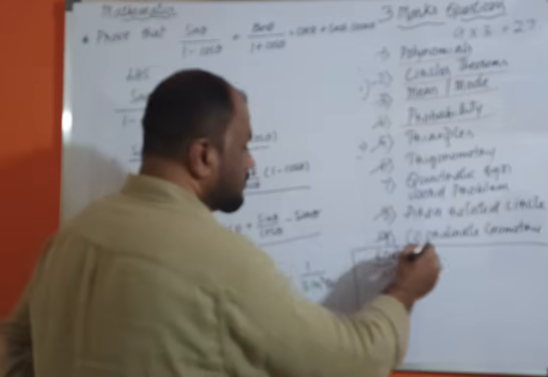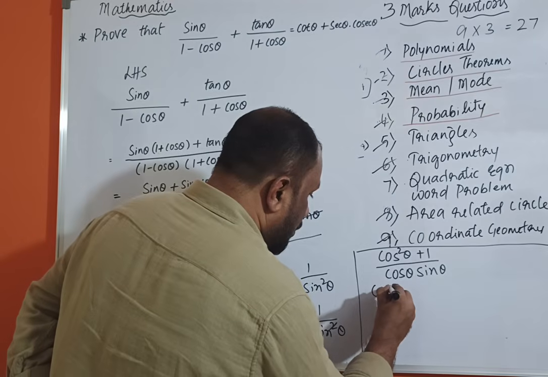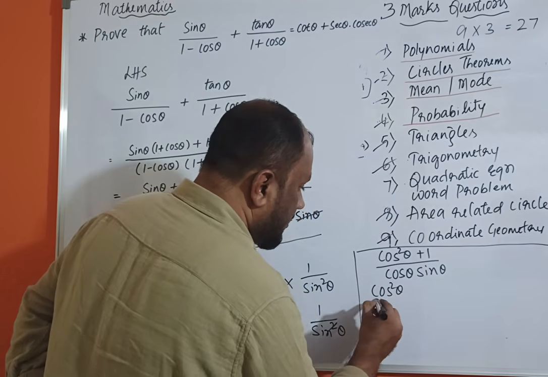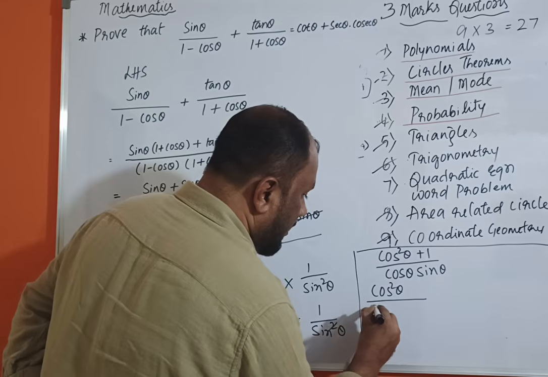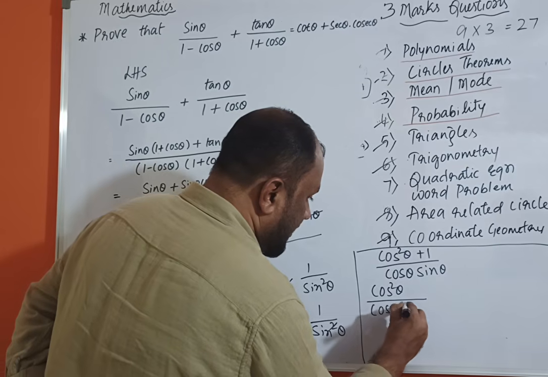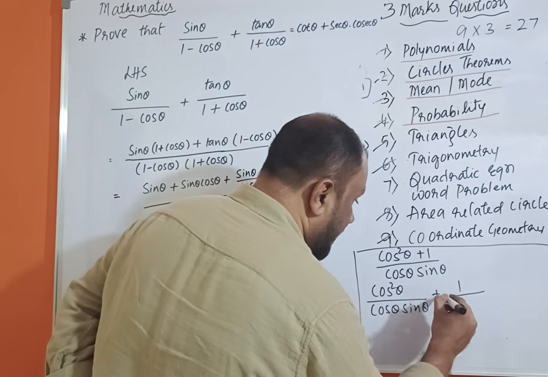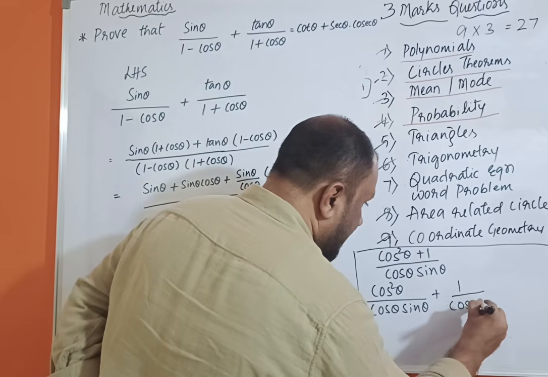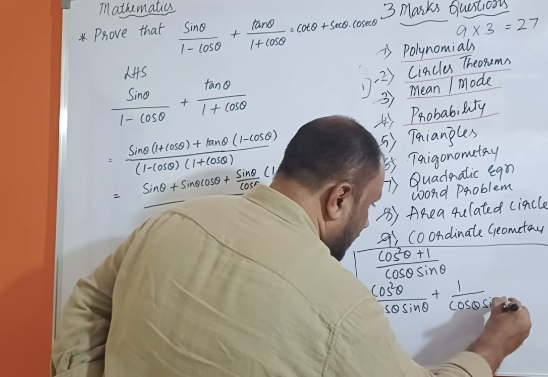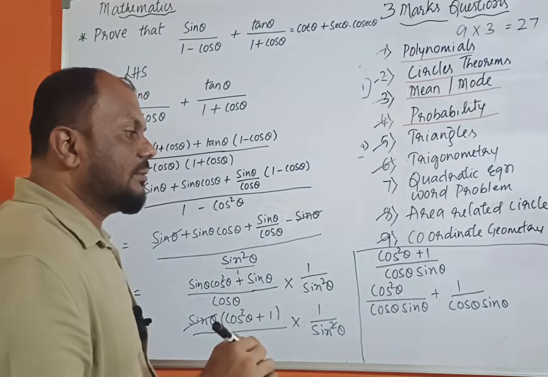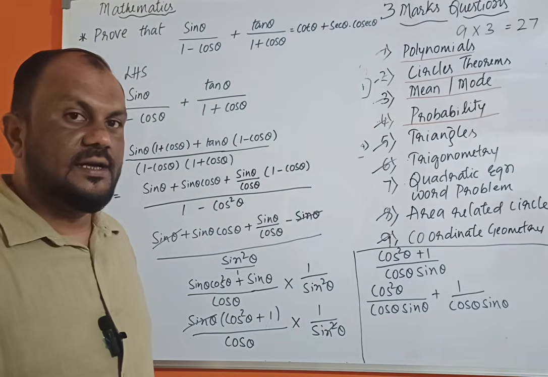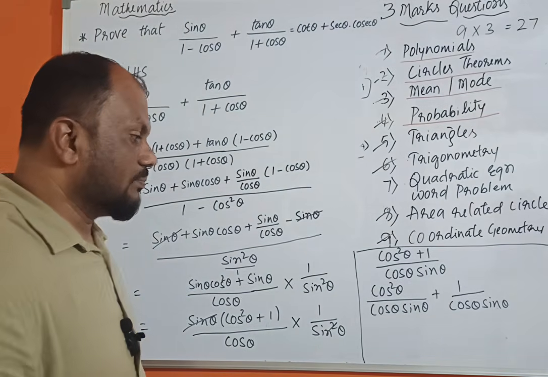Now cos square theta divided by cos theta into sin theta, plus 1 divided by cos theta into sin theta, because the denominator is applicable for both, for cos square theta and for plus 1 also. Okay.